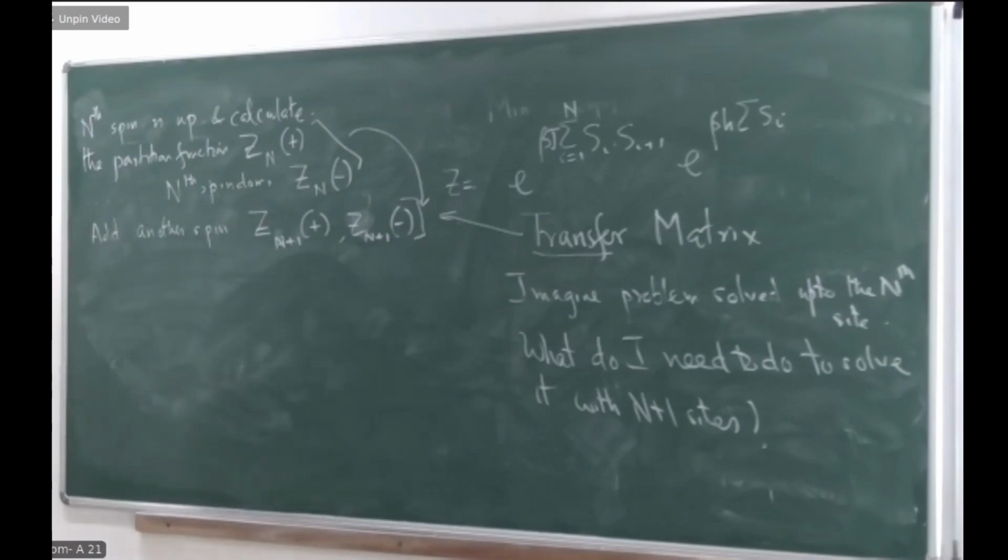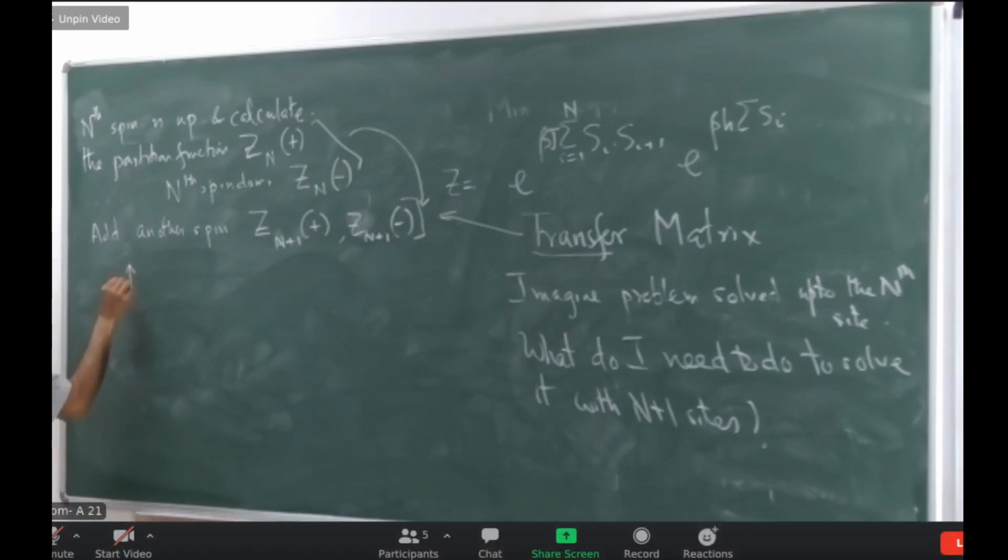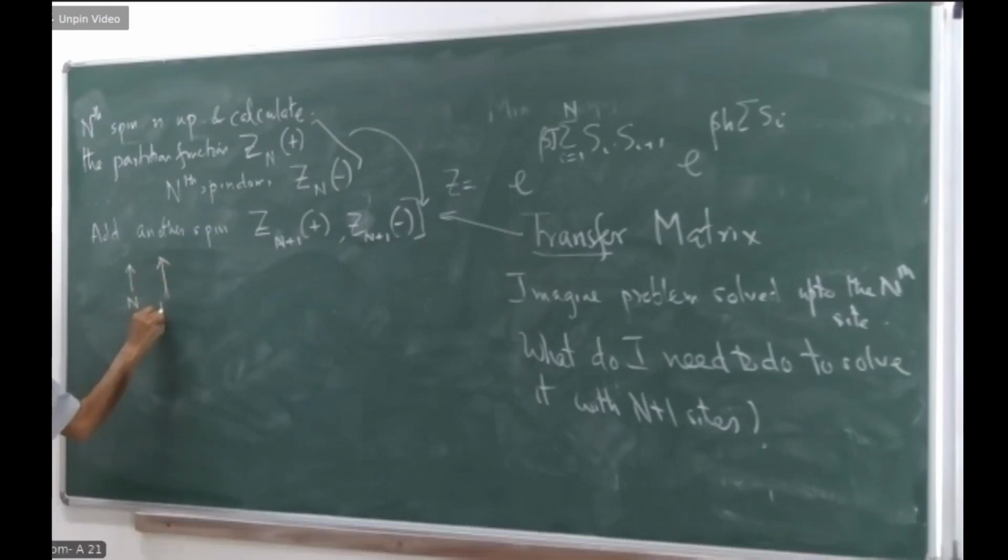Let's look at Zn plus. So here is my nth spin, and here is my n plus 1. If it is up, then the relevant thing is Zn plus 1.